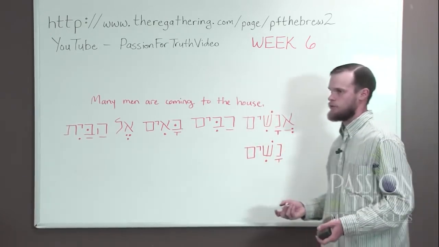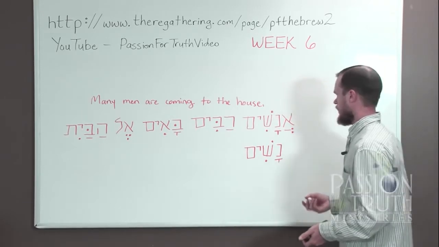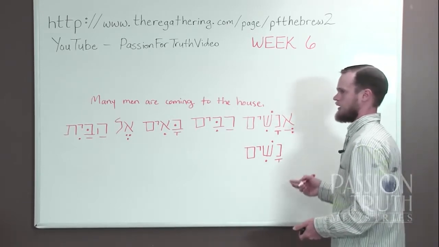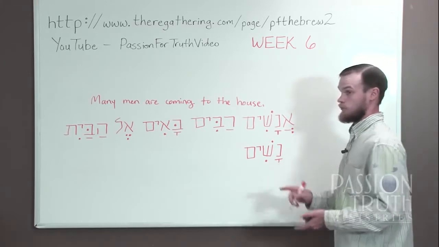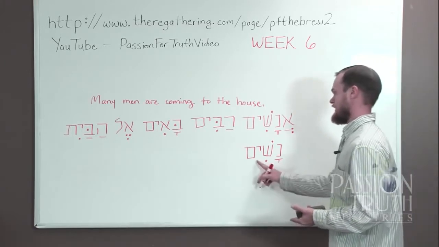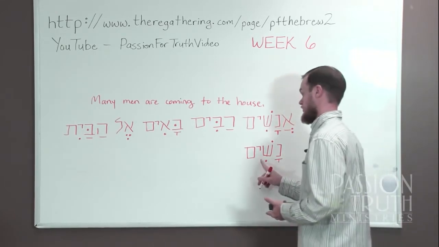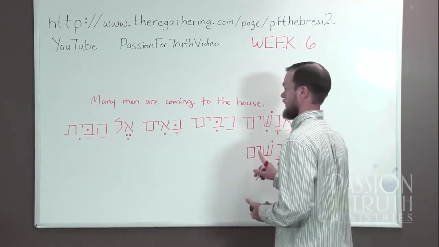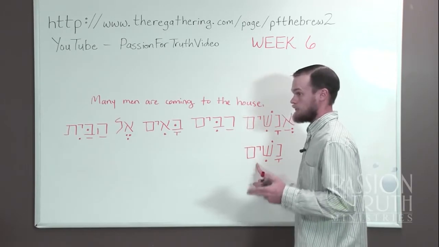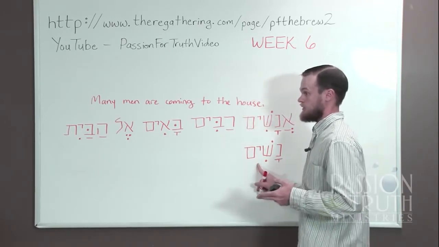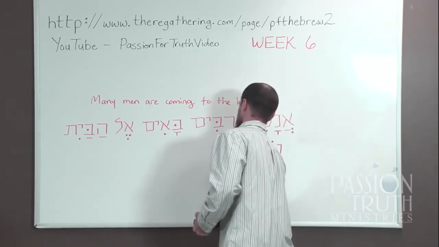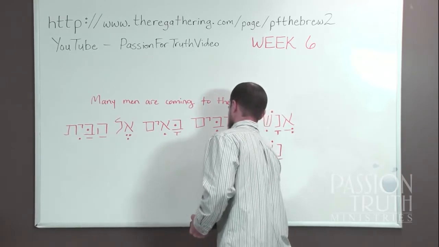Isha has no nun, but the plural of isha is nashim. So it's irregular for that reason, and it's irregular because it takes an eem ending even though it's feminine. So this is still a feminine plural. If we're to say many women, we still have to use a feminine plural to match. So we use rabot.